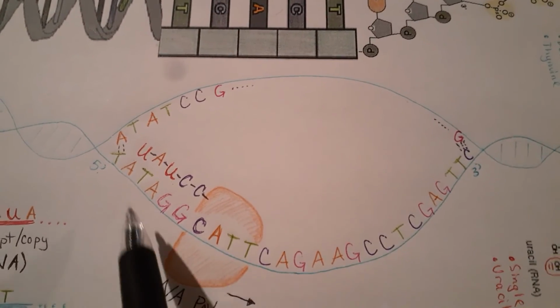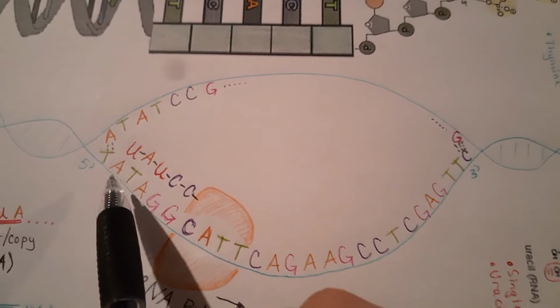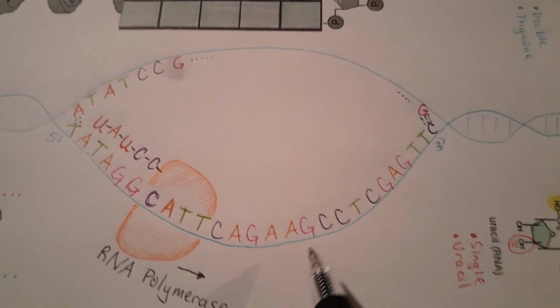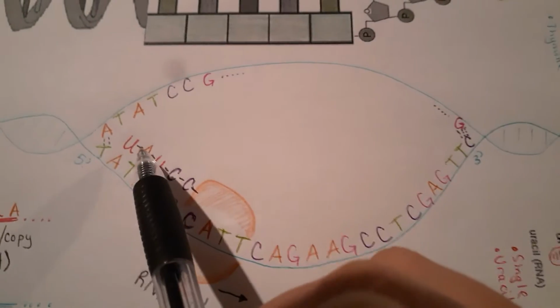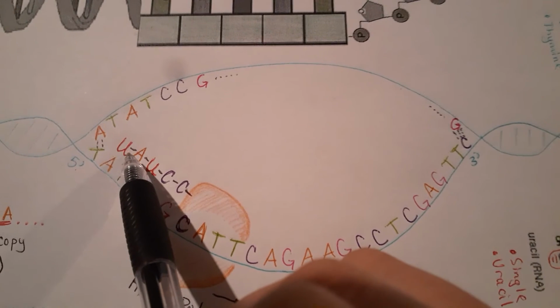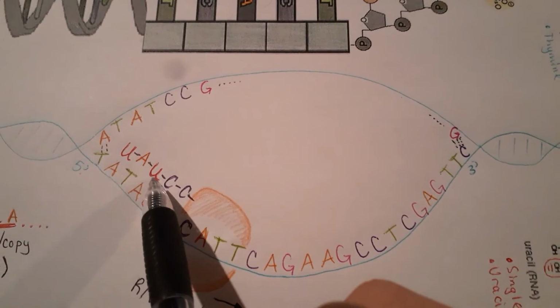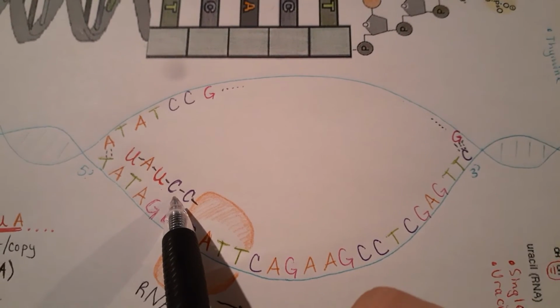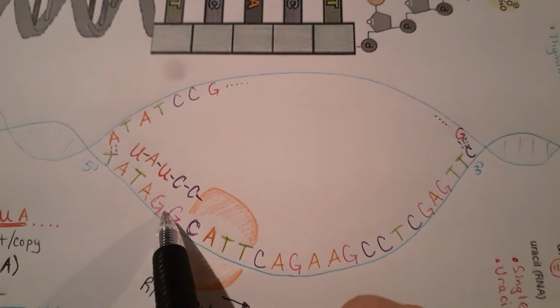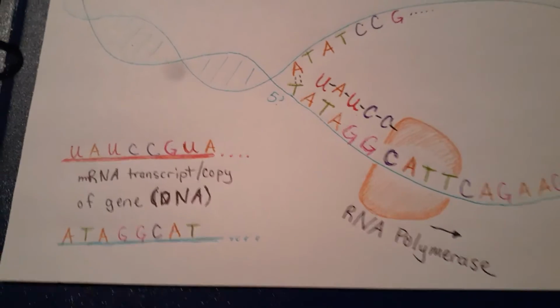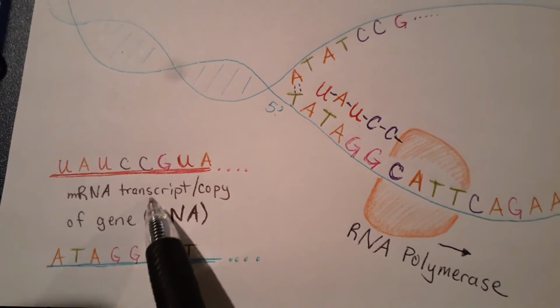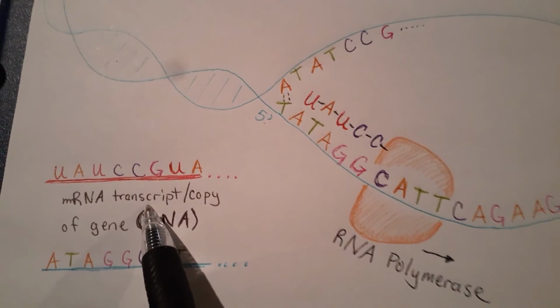Okay, so again, the RNA polymerase is going to slide along the DNA gene, and it is going to catalyze reactions, forming bonds between nucleotides that are complementary to the DNA gene. And so what we end up with is an mRNA, what is called a transcript, or copy of just the gene.